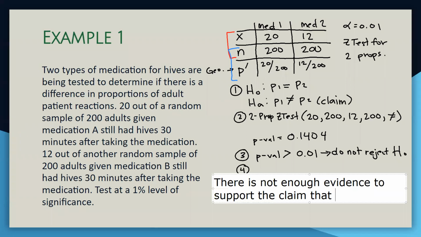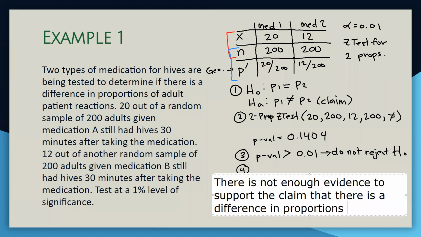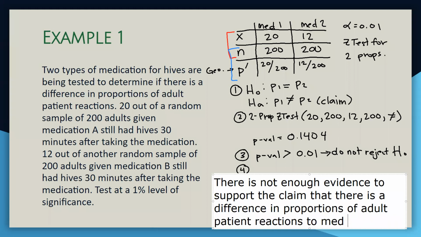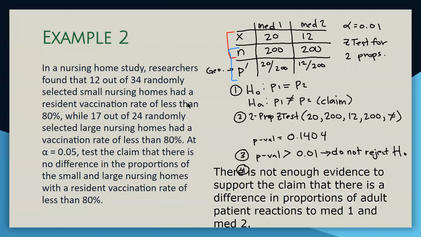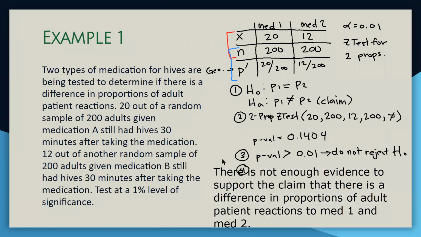It says it's being tested to determine if there is a difference in proportions of adult patient reactions to med 1 and med 2. So there's not enough evidence to support the claim that there is a difference in proportions of adult patient reactions to med 1 and med 2.